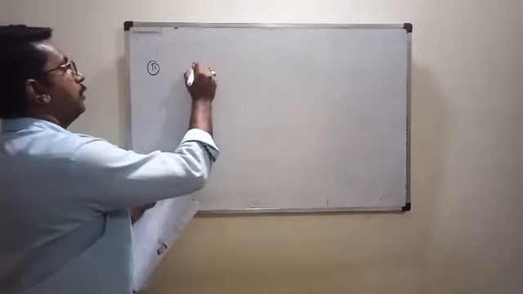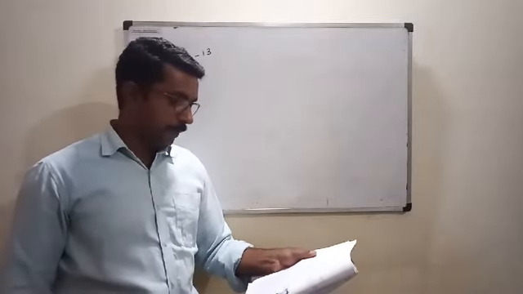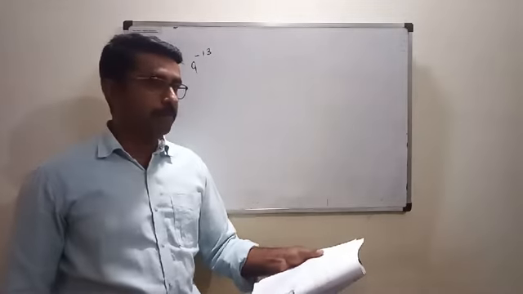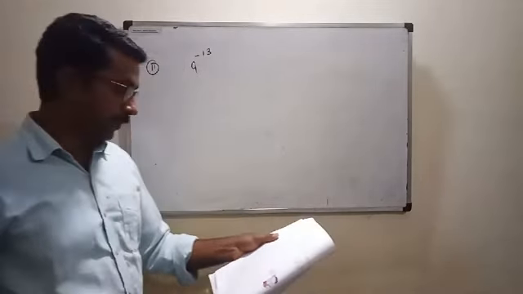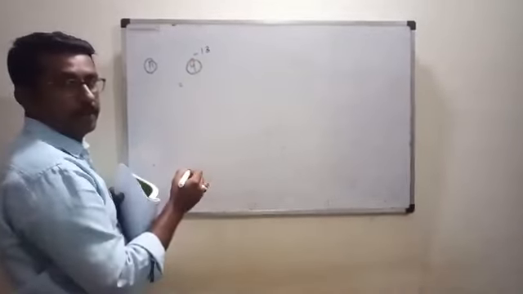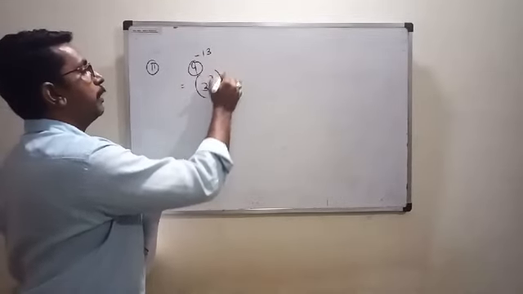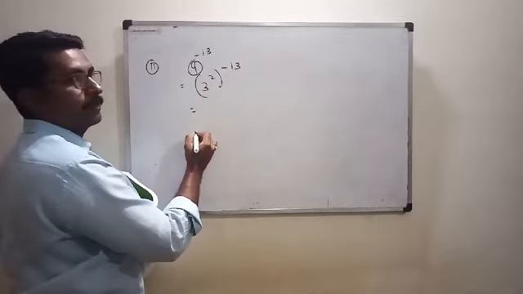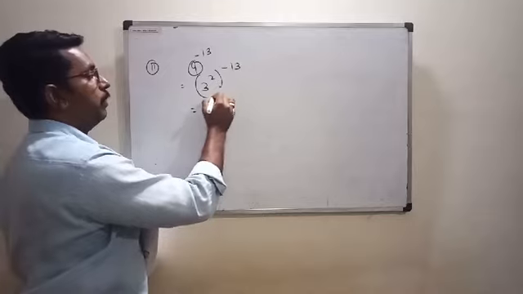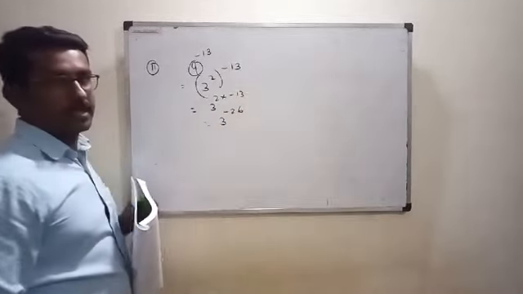See, 9 to the power minus 13 should be expressed as an exponent with a positive power and base 3. Here base is 9. You convert it as 3. So we can write it as (3 squared) to the power minus 13. Applying power law, 3 to the power 2 into minus 13, 3 to the power minus 26.